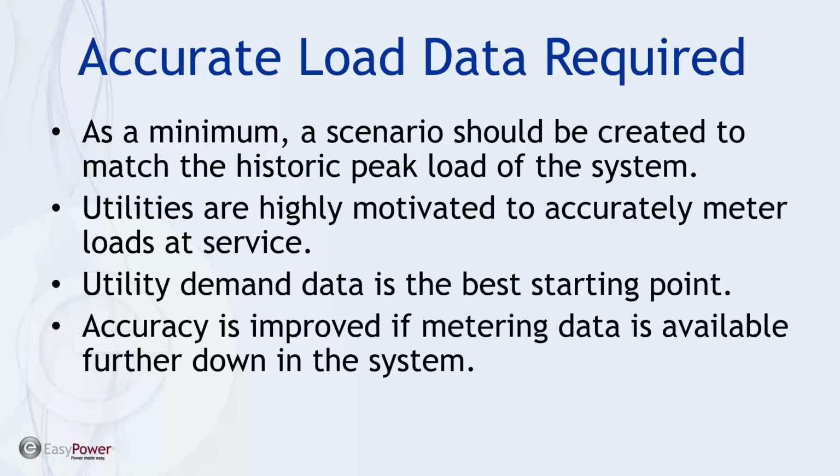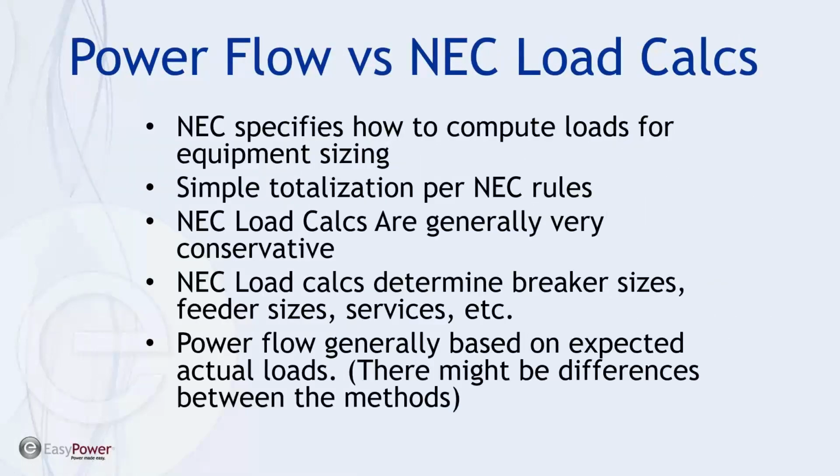Now you might say, what's the difference between power flow and the NEC calculations that we took on when we designed the system? Well, the NEC specifies how to compute loads for equipment sizing, and basically you just total up the loads per the NEC rules, and that gives you an estimate of what the total capacity of individual elements needs to be. Generally, they're very conservative.